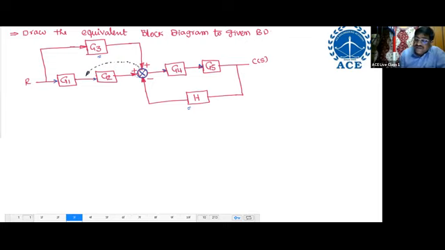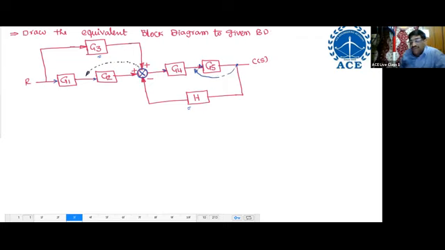For example, I will shift this take-off point from here to here. Which block gain is affected? Don't change anything.